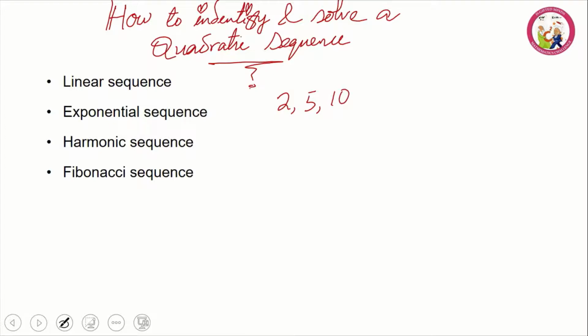We add another 2, that is 7. 7 plus 10, that is 17. Alright, so 7 plus 2, 9. 9 plus 17, that is 26. And it goes on and on like that.